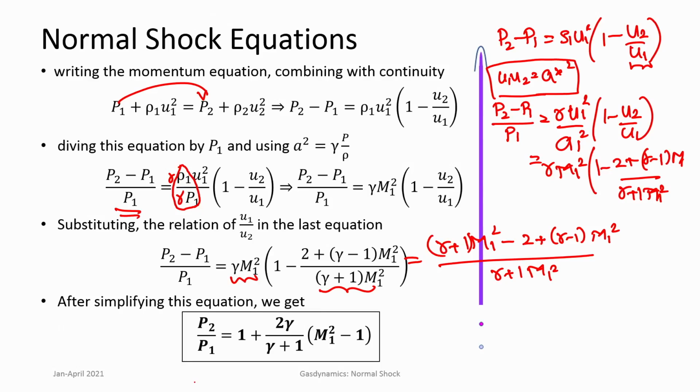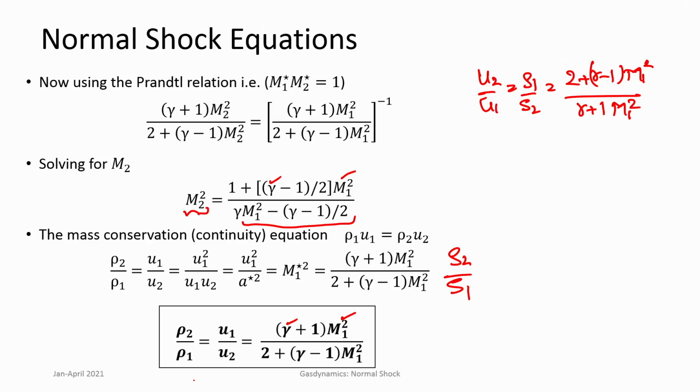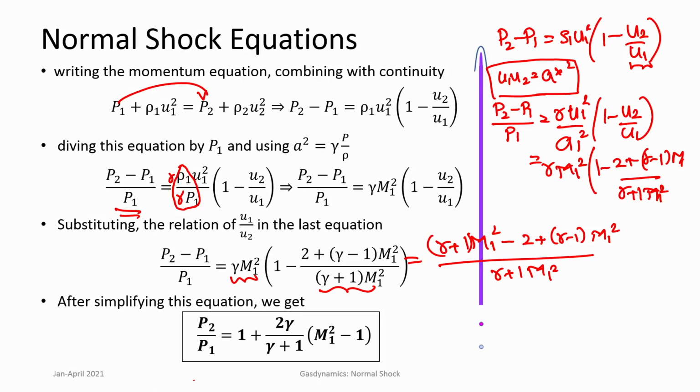We have used the momentum equation as well as the conditions that we just derived, that is, rho 2 by rho 1 is U1 by U2 from the mass conservation. All of them have their roots in the Prandtl's relation U1 U2 equal to A star square.